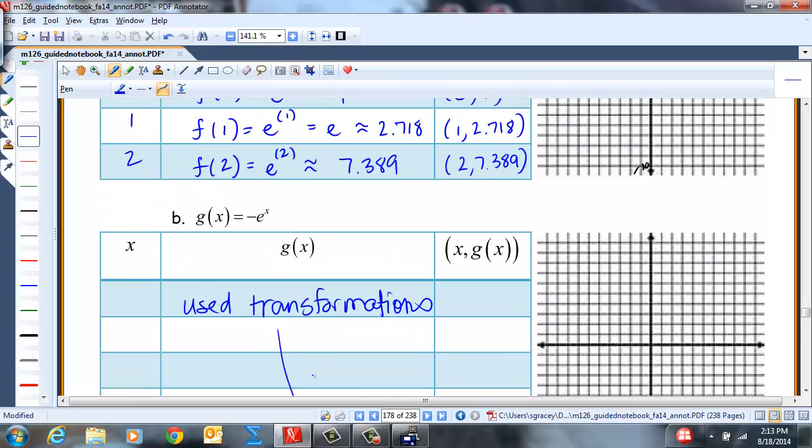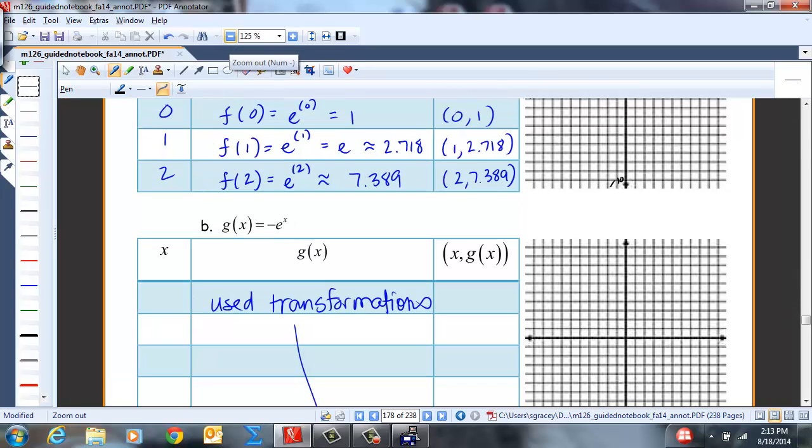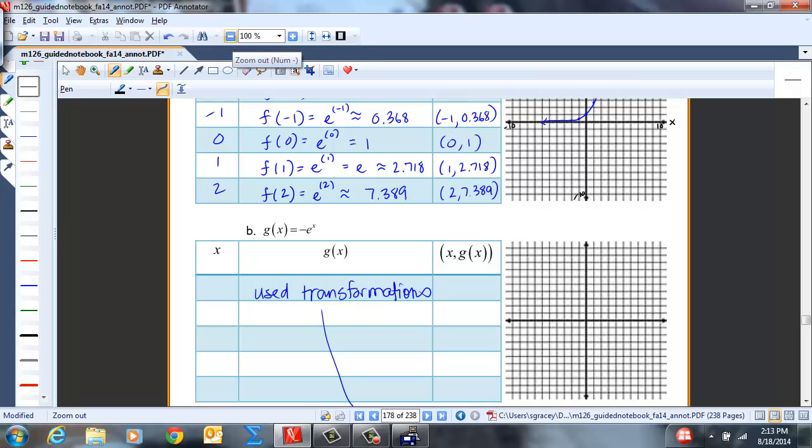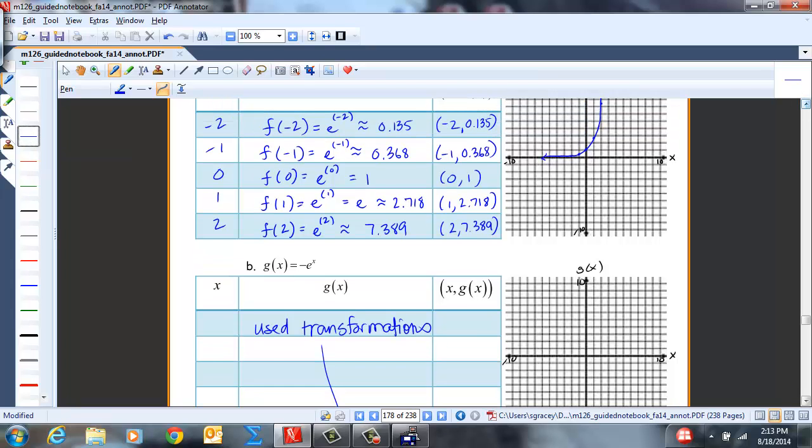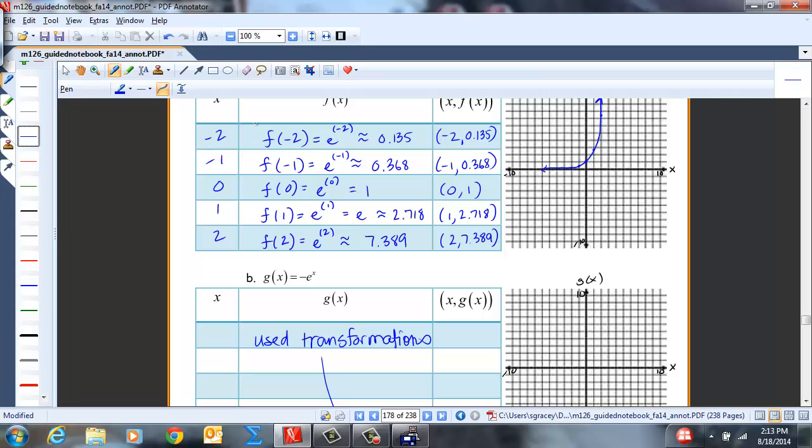So here we go. Actually, let's make this smaller so you can see both graphs for the moment. So here we had the ordered pair -2, +0.135. So it'll be -2 and then negative.